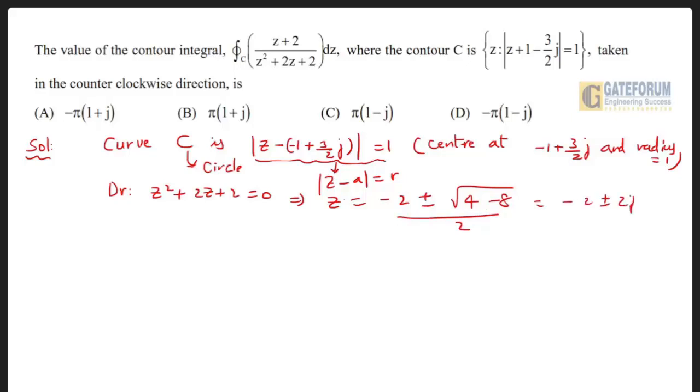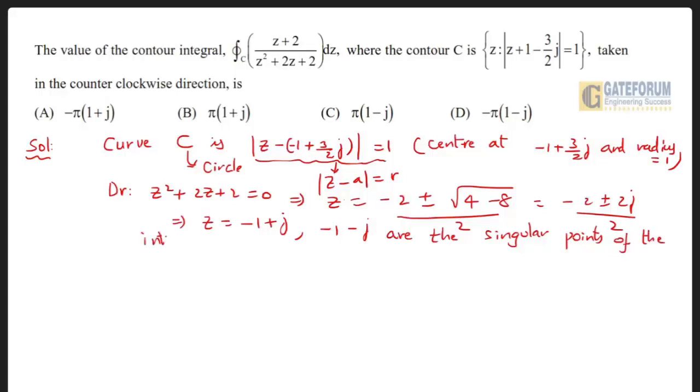In place of i I can write j, because j denotes the imaginary part, divided by 2, which implies z is equal to minus 1 plus j, comma, minus 1 minus j. These are the singular points of the integrand.